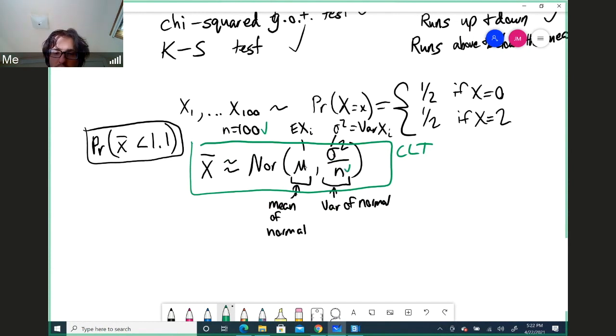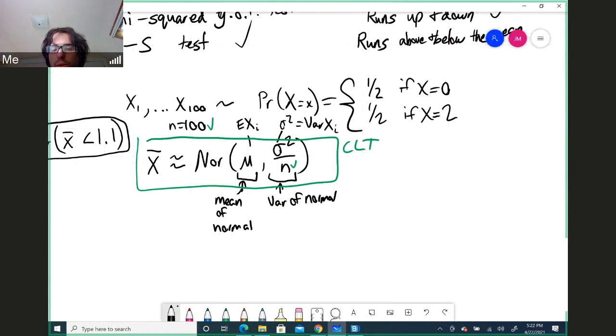This mu is equal to E of xi. So what is E of xi? Well, we actually have to calculate that because they didn't tell us that. They told us what the probability mass function is: x is equal to 0 half the time and x equals 2 half the time.